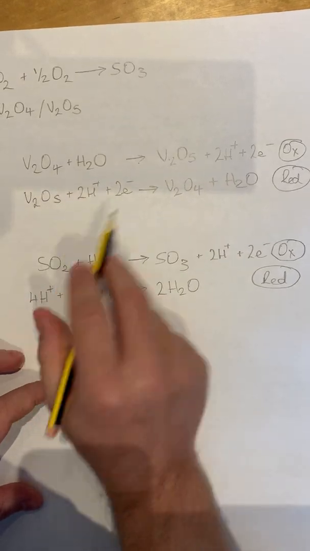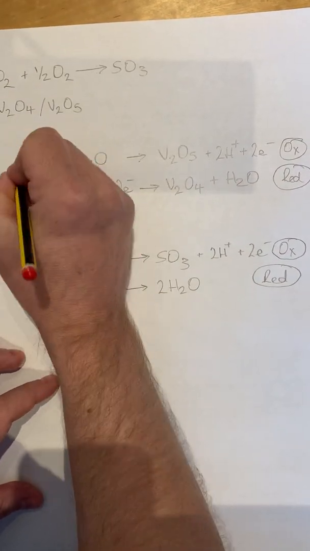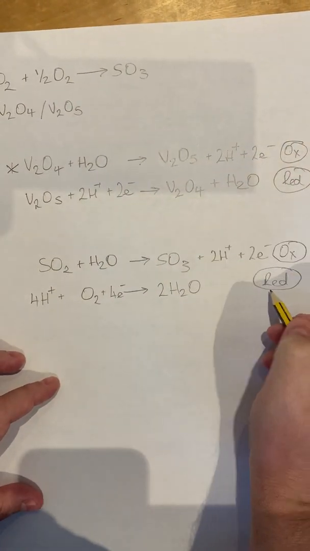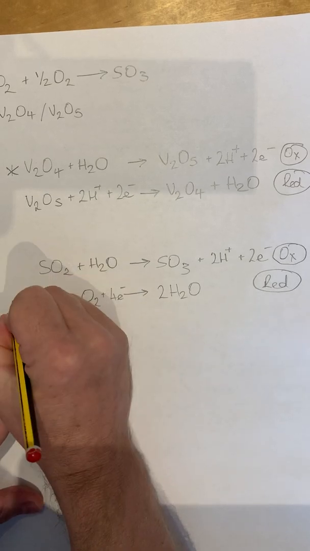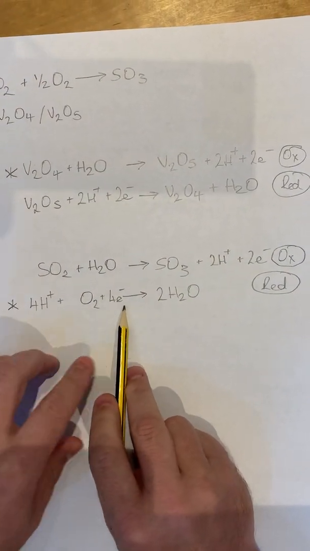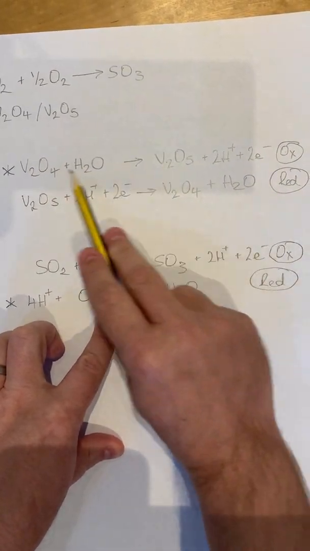So I'm going to do this one. So just V2O4 for oxidation with the O2 for reduction. Still need to make sure electrons balance. 2 electrons in this, 4 in this, so I'm going to double everything in this line.